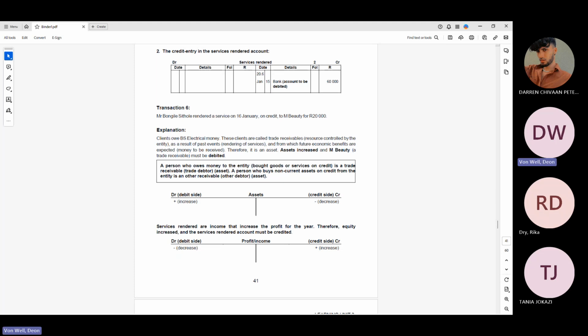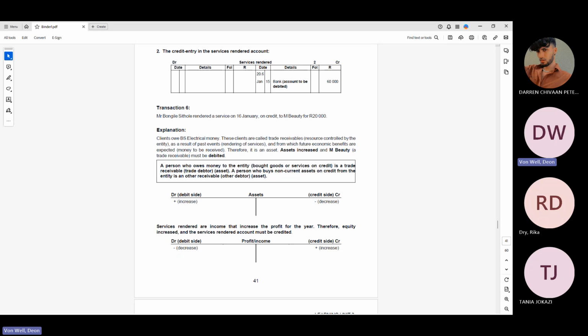And you must also remember, because sometimes we might have an income and an expense account, but we will ask you what's the effect on assets, equity, and liabilities. Then you're going to say, but now you've given me only assets, equity, and liabilities, but in the transactions, I only have income and expenses. How now? Then you must remember, income increases equity.